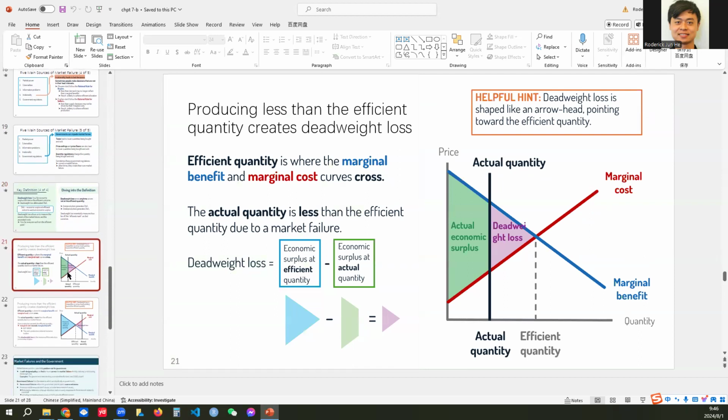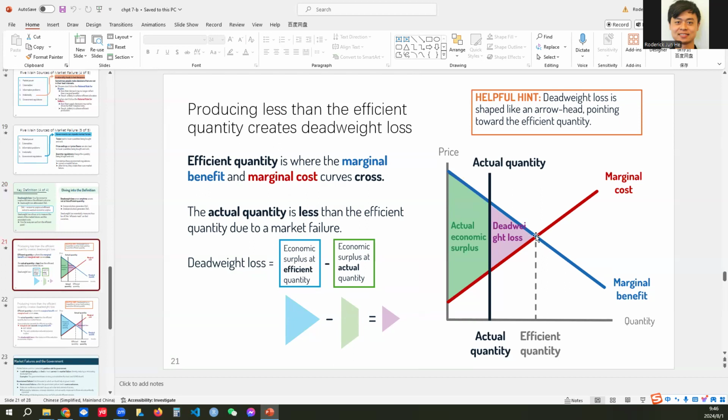So let's look at several examples. Example one, if there is a ban, if there is a quota, okay, or if there is a plan, that's why we also mentioned the planned economy is not as good as the market economy. There is a reason. Say the market is being artificially required that the production is at this level, which is lower than the efficient quantity, which is the market equilibrium.